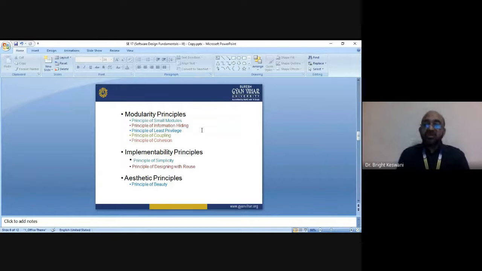The principle of coupling is a very important thing. Coupling is a measure of the degree of connection between pairs of modules. In easier words, the connectivity or interrelationship between two modules is called coupling. The strength of module coupling depends on module communication, because strong communication between modules means strong coupling, high coupling.